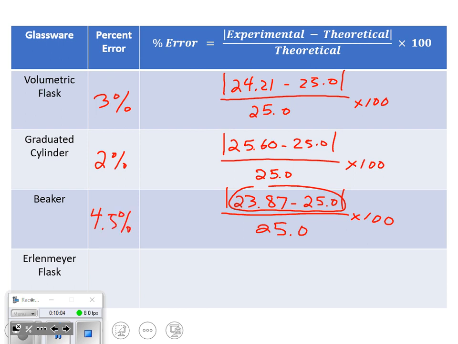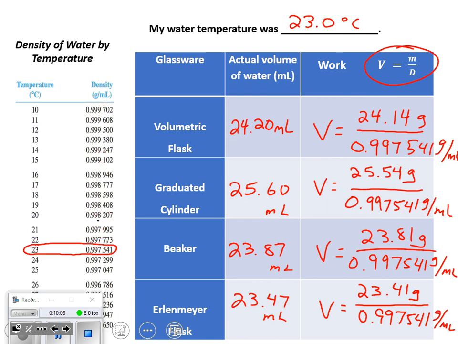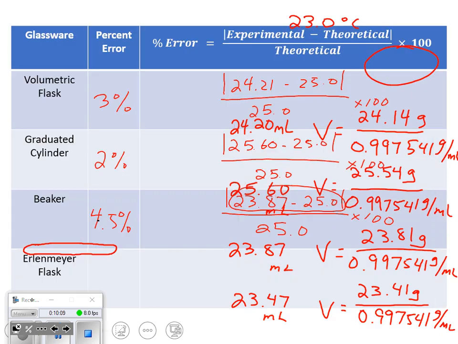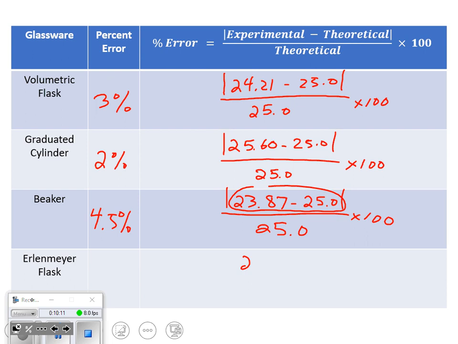And then finally with the Erlenmeyer, 23.47 minus 25.0 divided by my theoretical.